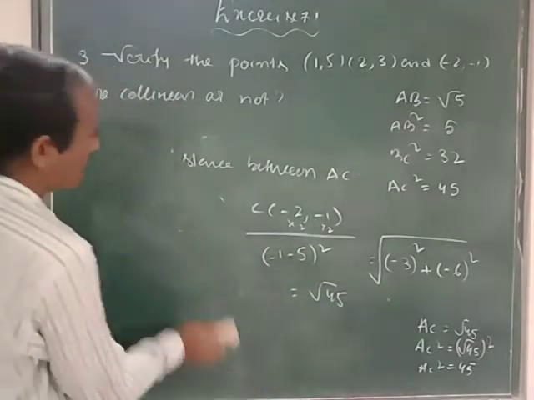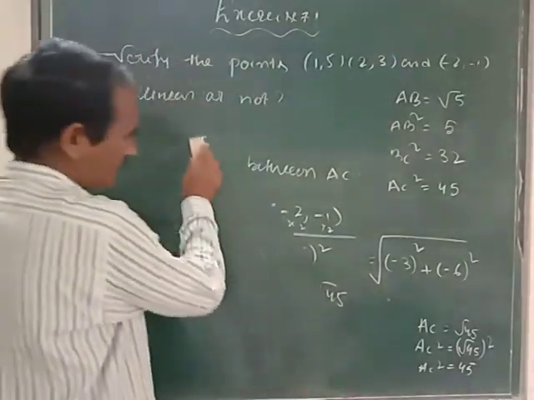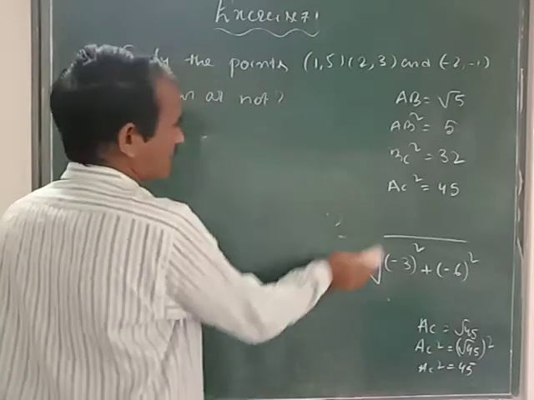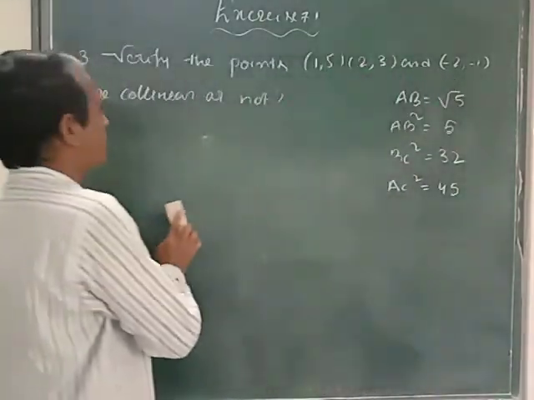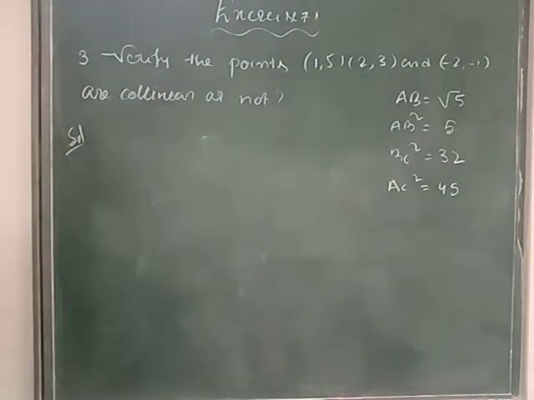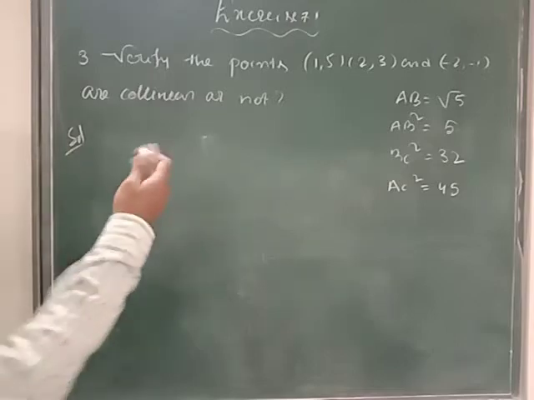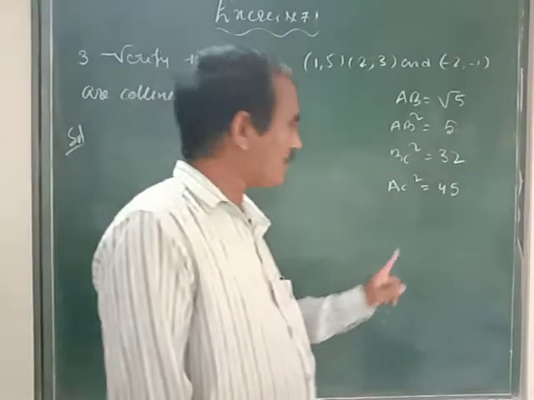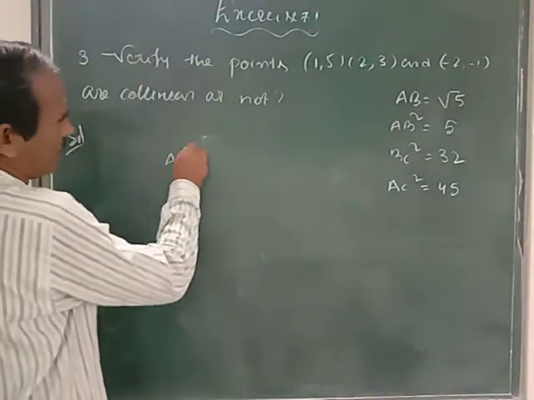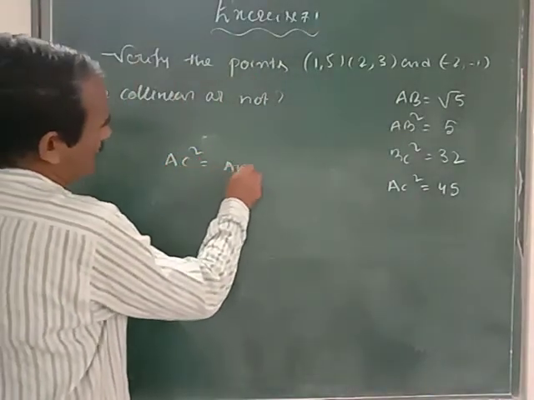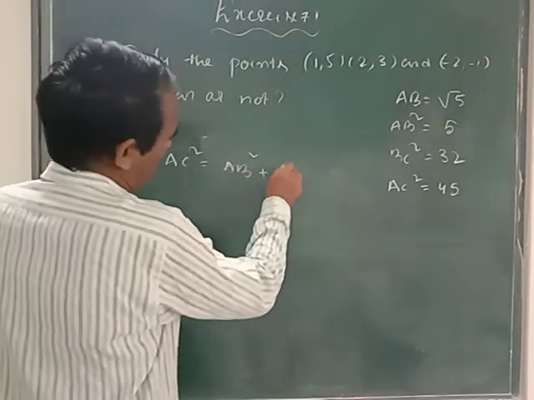What is the question? You have to prove whether the points are collinear or not. Collinear means AC square is equal to AB square plus BC square. Why can you consider AC square?